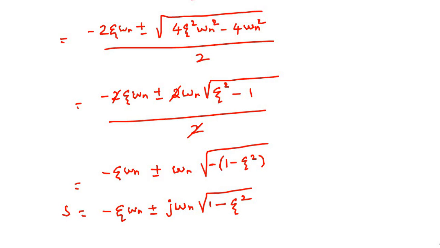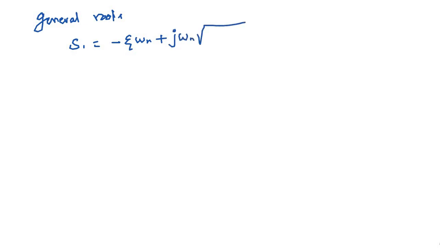So the system has 2 roots. I am writing the general roots here. One root is S1. S1 is equal to minus zeta omega n plus j omega n into square root of 1 minus zeta square.